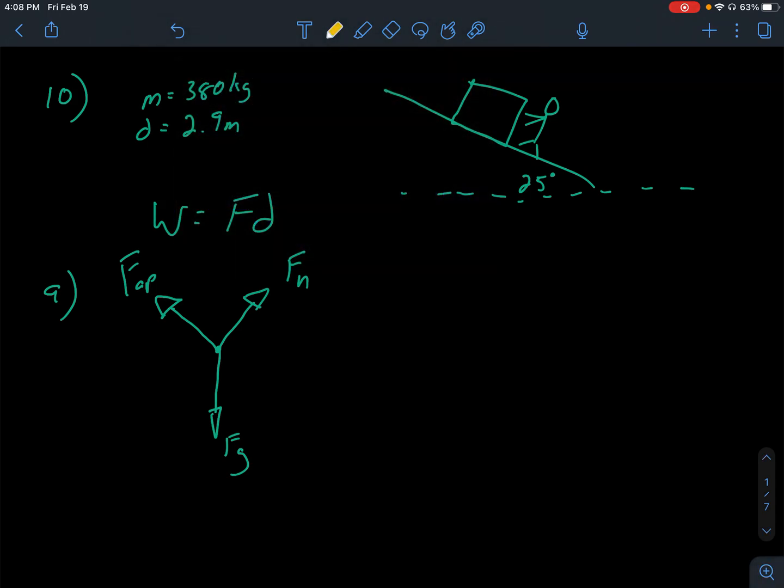We need to determine components. So this is our force of gravity in our newly defined y direction, and force of gravity in the x direction. Again, these were the types of problems where we had to realign our axes. I'm just going to take those off for ease of viewing.